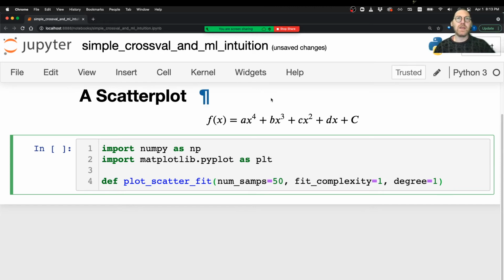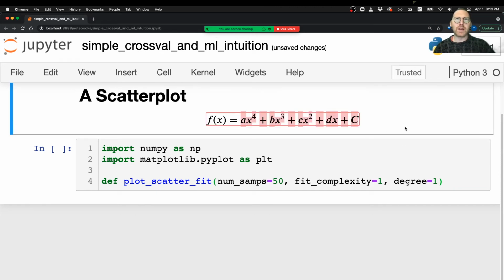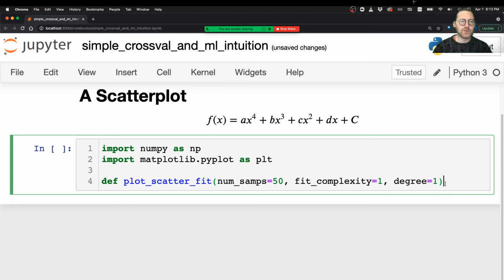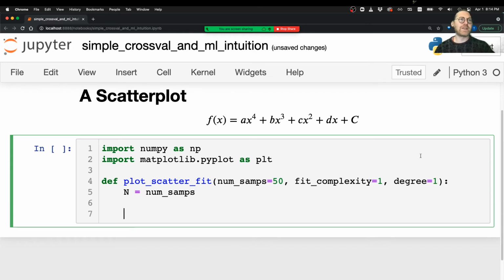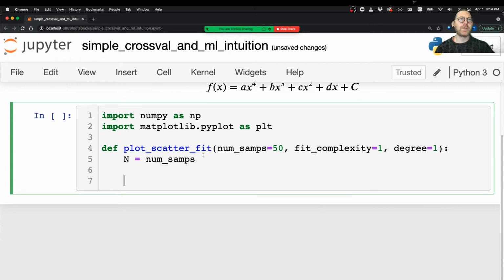It's going to be in this form that we're seeing up here, and I'm going to hard code it into an if-else structure. I don't need to do this, but I'm going to say n just to be very clear. This is our number of samples. That's just a common form to see that in. I'm not modifying it or anything.